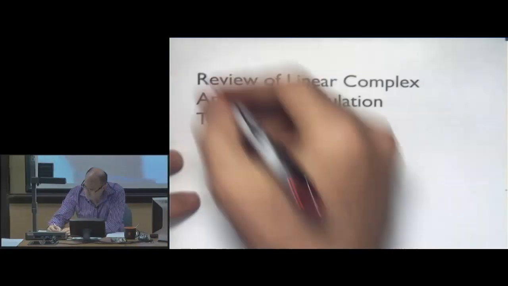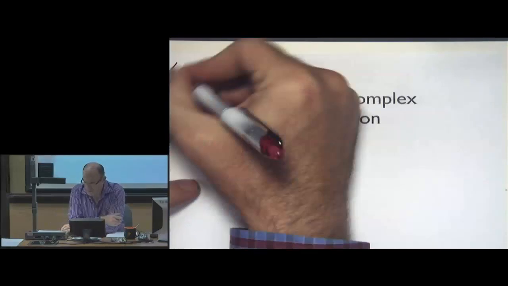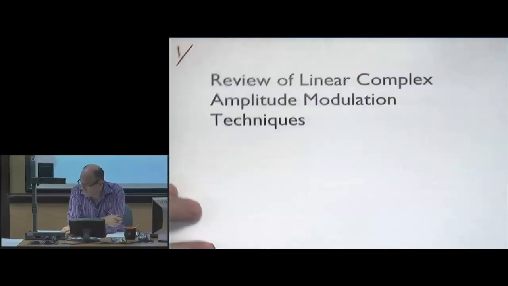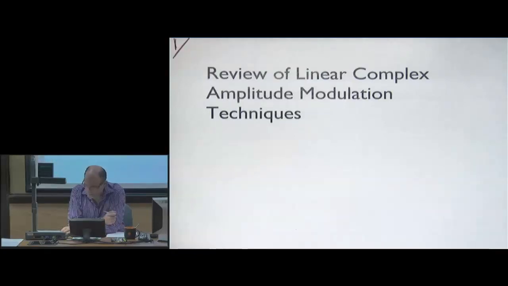Okay, so with that, let's start with a very quick review of linear complex pulse amplitude modulation. In particular, I want to review the transmitter structure that we're considering in the class.